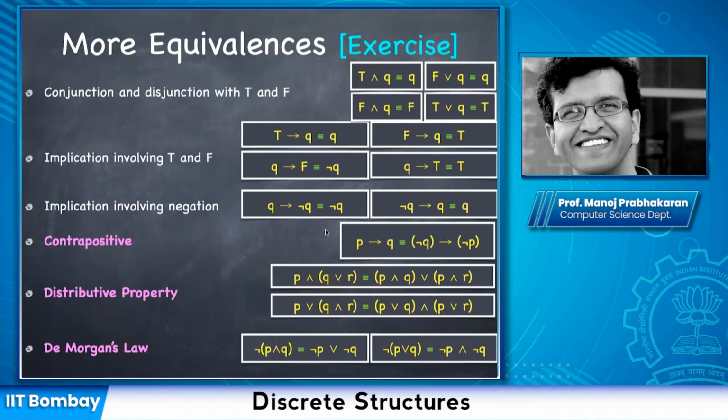Alternately, you could make logical arguments. So here is a contrapositive that we talked about earlier. If P then Q is the same as not Q implies not P. How would you reason about it? It might be easier to first write down the expression in terms of or.